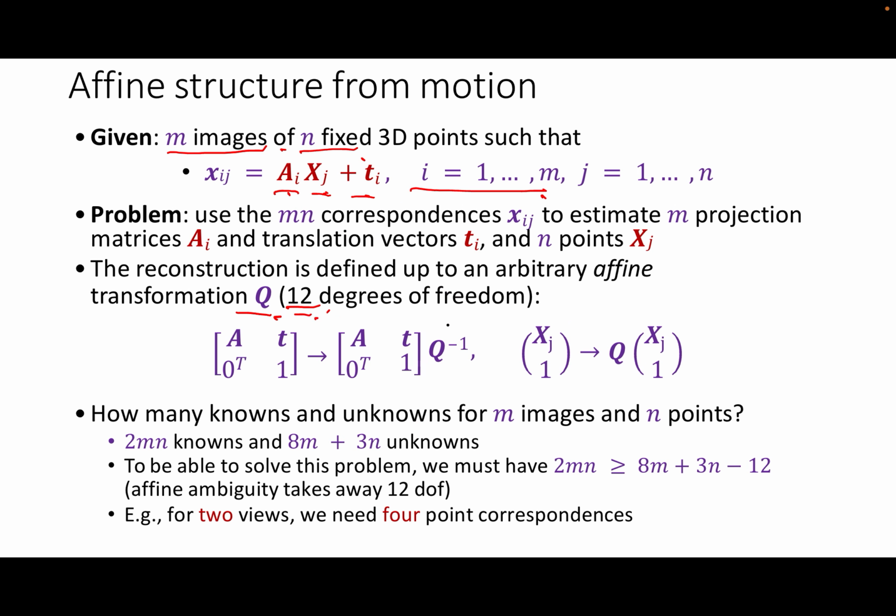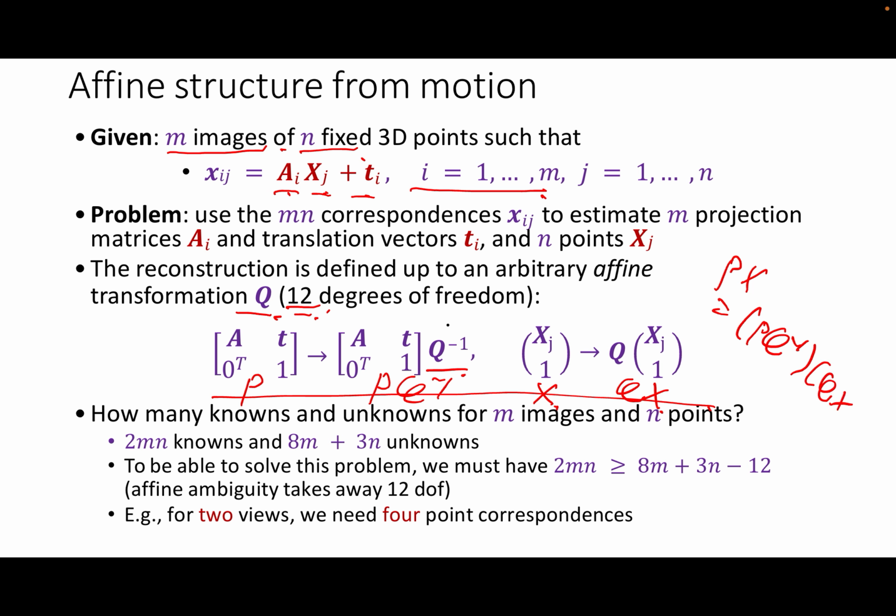Yes, so Q has 12 degrees of freedom. And this just shows the ambiguous case. This is the original P, this is the original X, but then P Q inverse times QX is the same thing, right? PX is P Q inverse QX.